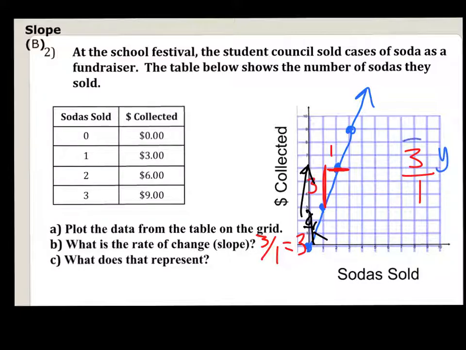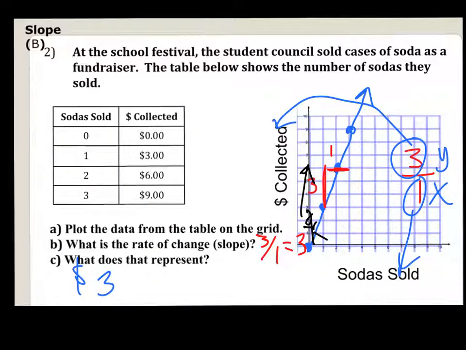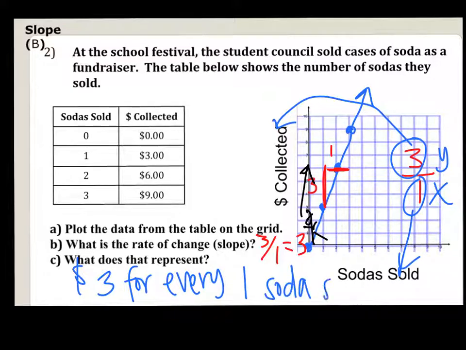So y-axis is what you look for, 3. So $3. And then your x-axis is your run, which is the number of sodas sold. So $3 for every 1 soda sold. Remember, order matters. 3 comes first.